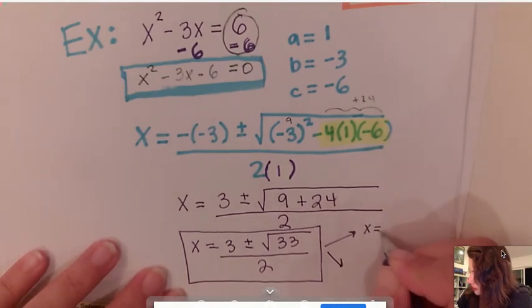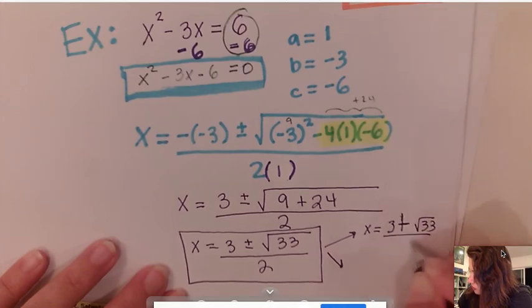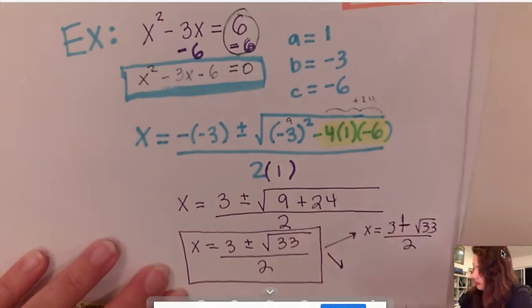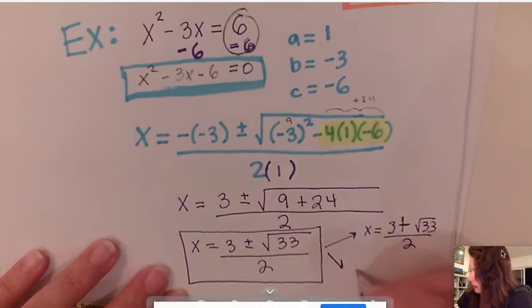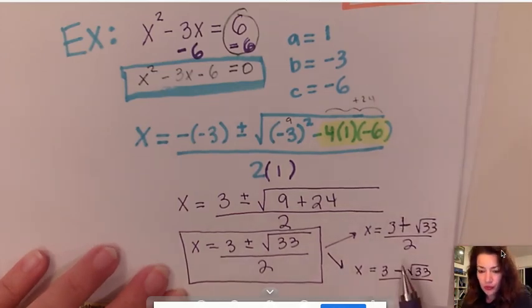So remember, this means two solutions here. x equals 3 plus the square root of 33 over 2. Let me make this a little nicer. And x equals 3 minus the square root of 33 over 2. So here are our two solutions.